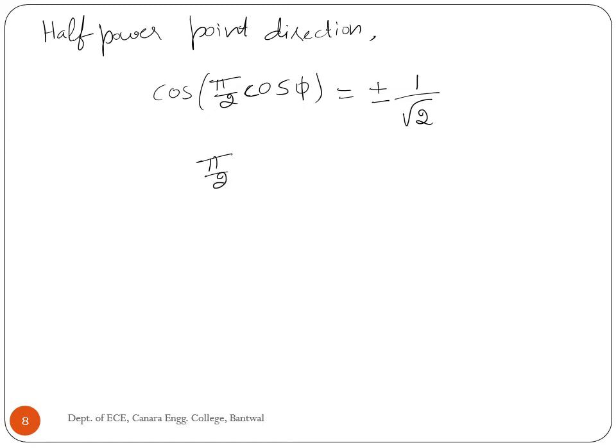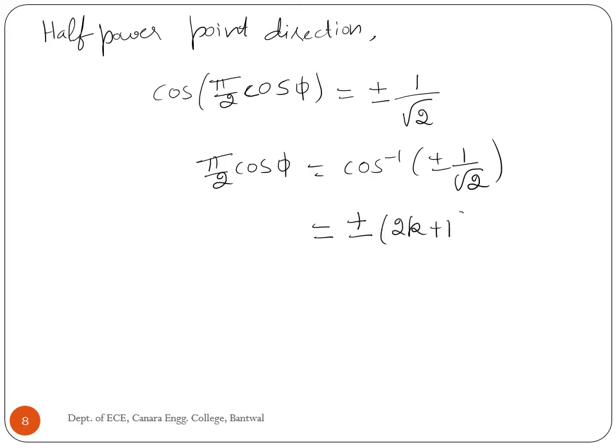Pi by 2 cos phi is equal to cos inverse of plus or minus 1 by root 2, which is equal to plus or minus 2k plus 1 pi by 4.